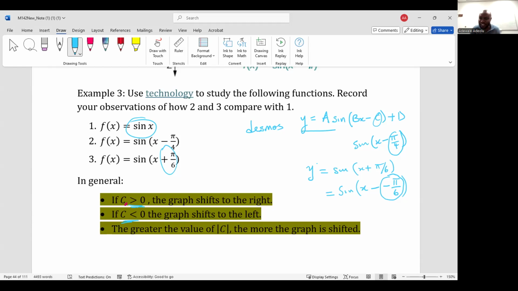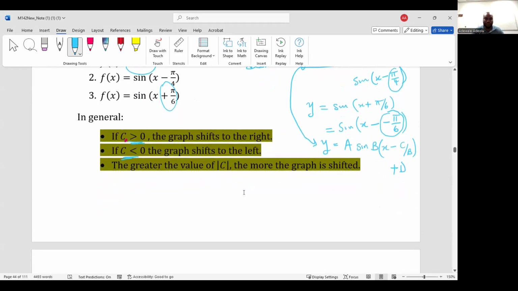If I'm considering the general form, I can talk about C. If I rewrite the general form, I can write it like this: A sine, I pull B out, then I have x minus C over B. You will see how we will use these two situations. They are the same thing. Both of them are the same thing. Examples will help us to learn them very well.